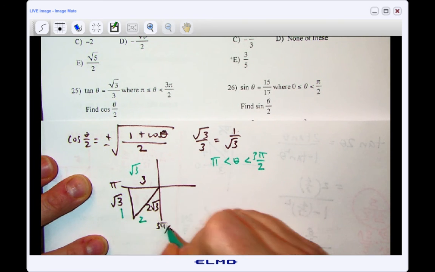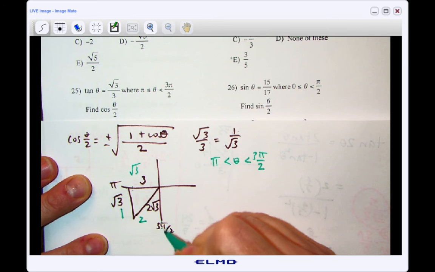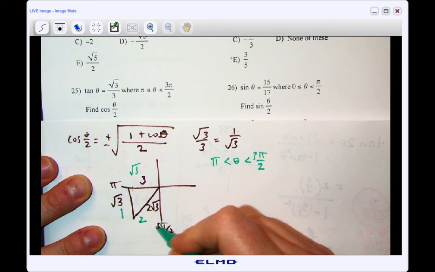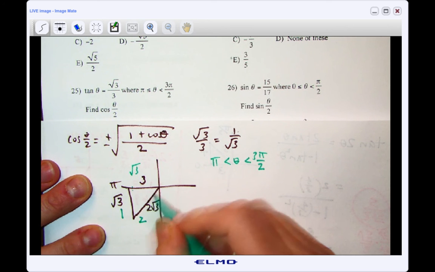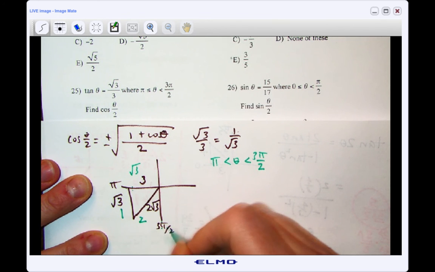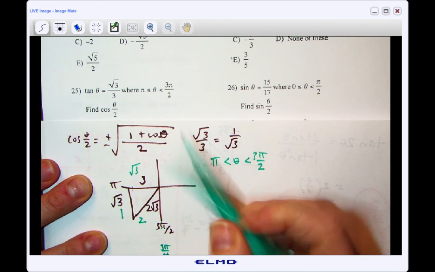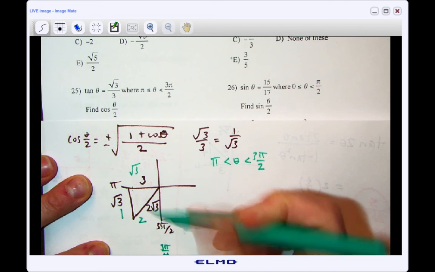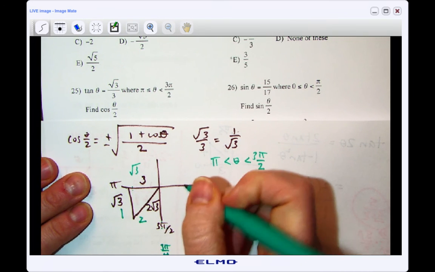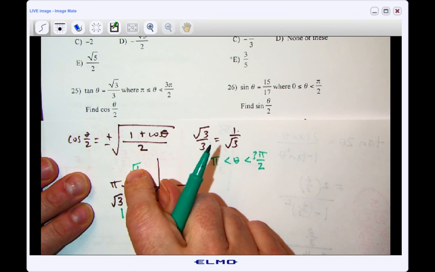And I said if it has to fall into this quadrant, right, the biggest the angle could be is 3 pi over 2, right? So if I cut 3 pi over 2 in half, that would give me 3 pi over 4. So that means the biggest my angle could be is 3 pi over 4. And where does 3 pi over 4 live? It lives in this quadrant, right?